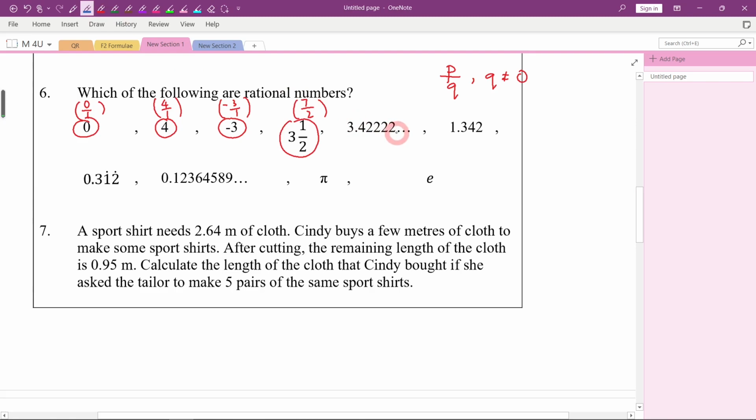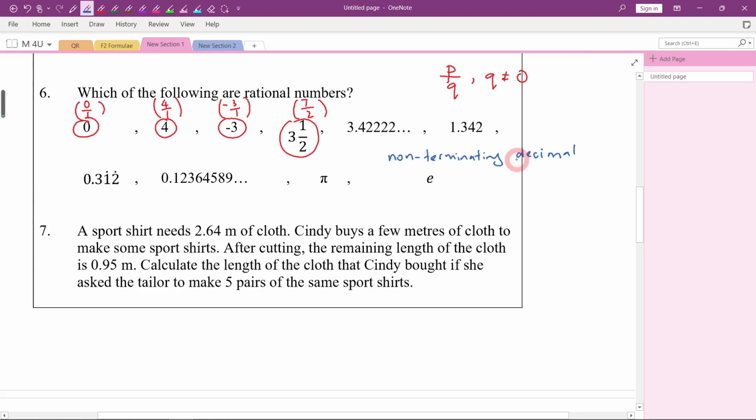If you see a decimal that keeps on repeating, a decimal that does not have an endpoint, it means that it goes infinitely. We also can call it a non-terminating decimal, which means the decimal does not have an endpoint.